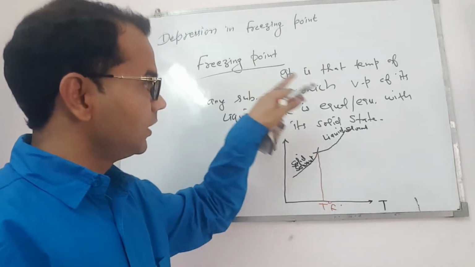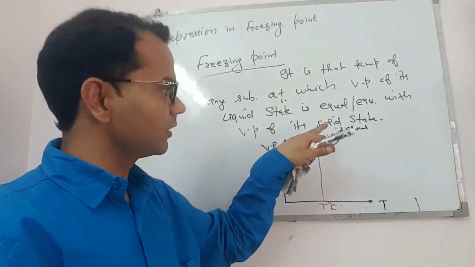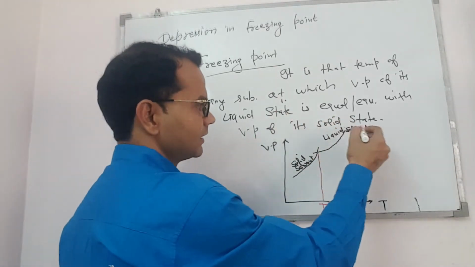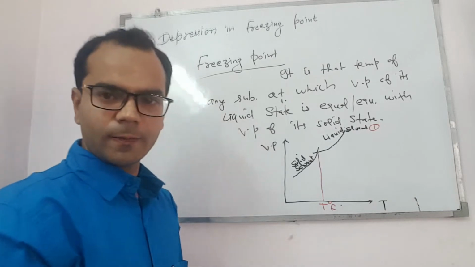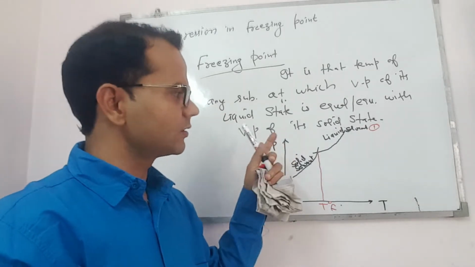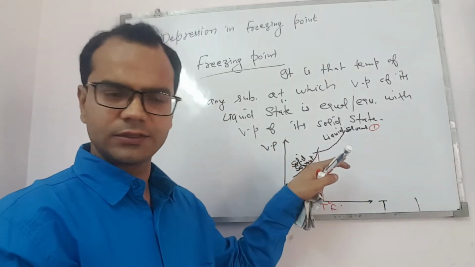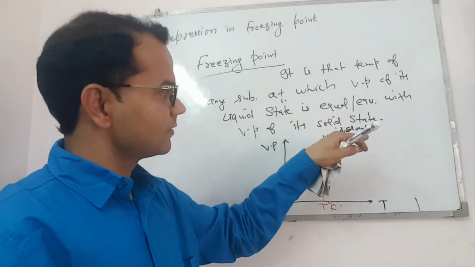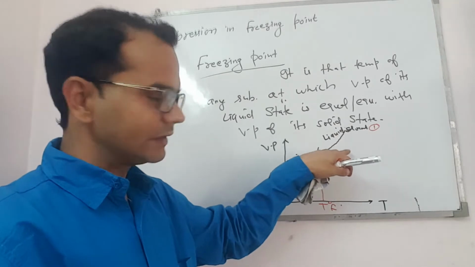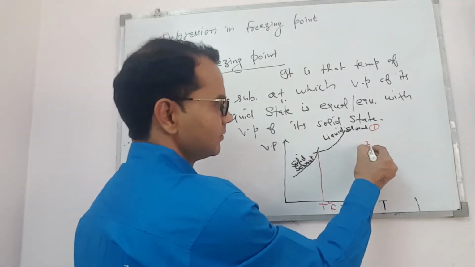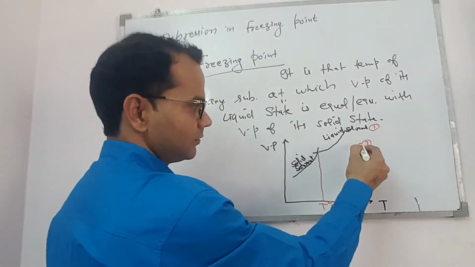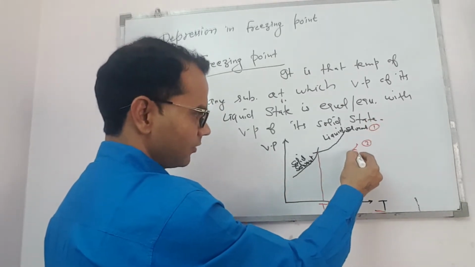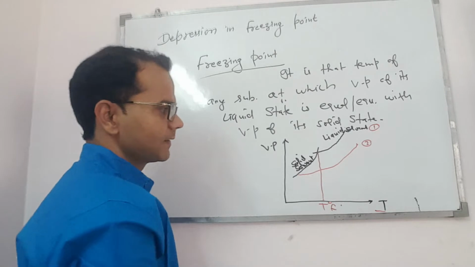If we add a non-volatile solute to this pure liquid solvent, then a solution will form. This is the first condition. As we learned from Raoult's law, the vapor pressure of a solution is always lower than that of a pure solvent, so the solution graph will start below this. This is the second condition. The vapor pressure of the solution will also decrease with temperature, so the graph will be this.